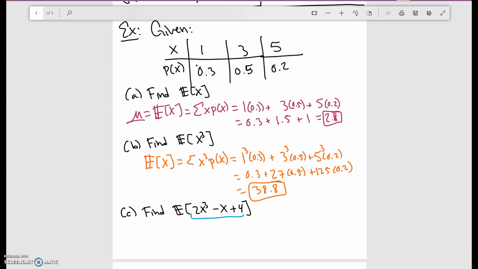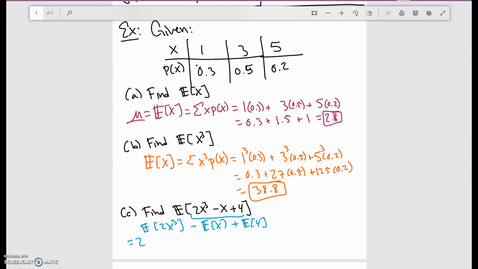So this is just going to be finding the expected value of 2x cubed minus the expected value of x plus the expected value of 4. I'm just taking every single term and taking it with the expected value.